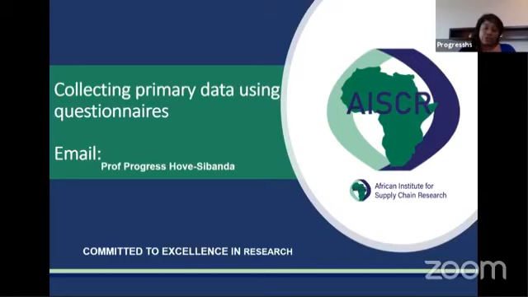We'll then move on to the modes through which you can distribute your questionnaire, and also look at the factors that you can take into consideration when deciding on which method to distribute your questionnaire. And in the end, we look at how you can improve the accuracy of your findings if you make use of questionnaires to collect data.